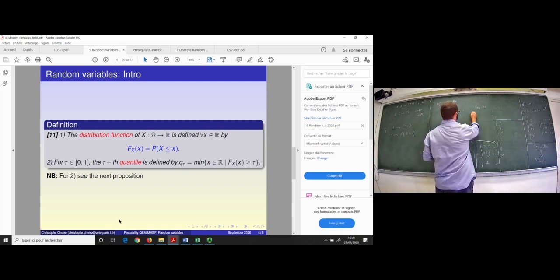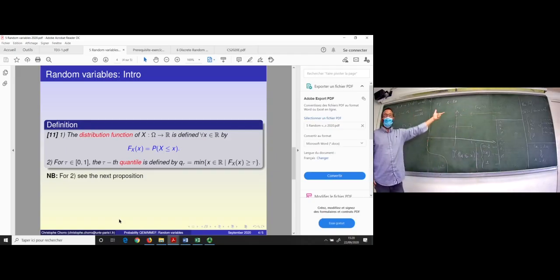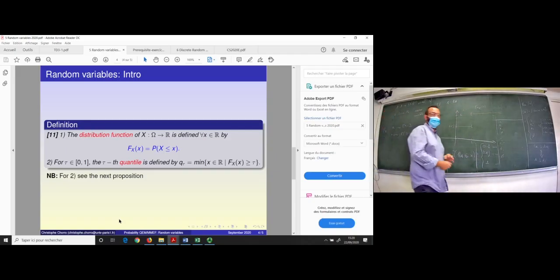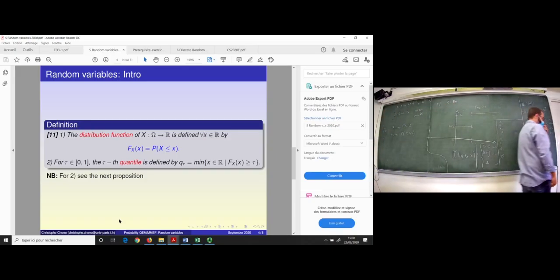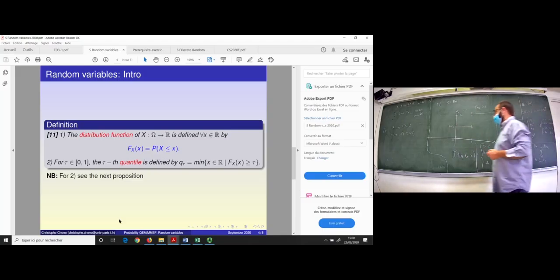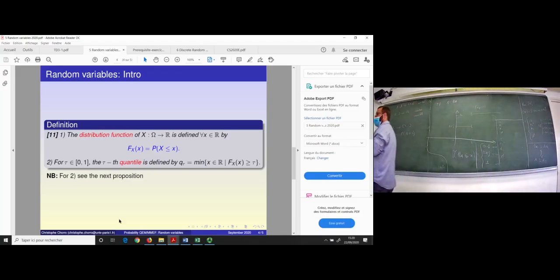So you have here, in the example of an indicator function, its distribution function. Here I take only 3 possible values because the random variable takes 2 values, 0 or 1.